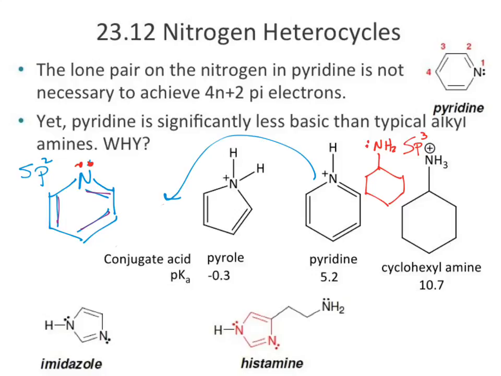That gets into the kind of "oh crap, that's a really hard question" section of the material. I would not be surprised if you saw something like that on the ACS test. Hopefully, you would see it in a ranking with two or three others, including the pyrrole, and hopefully it wouldn't come down to just comparing pyridine and the cyclohexylamine.